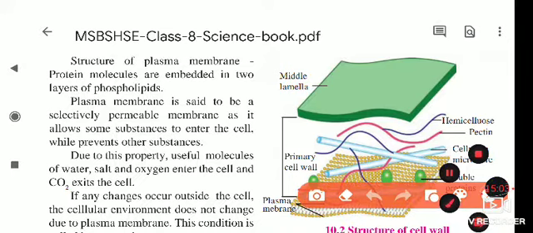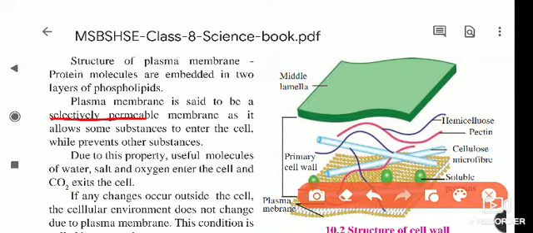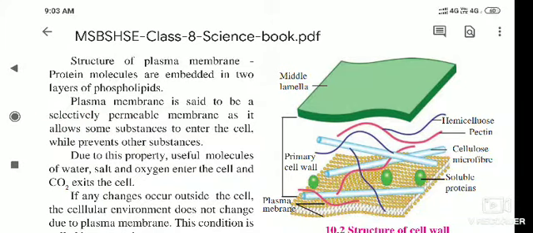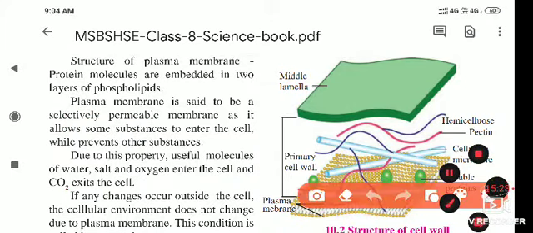The plasma membrane is said to be a selectively permeable membrane.